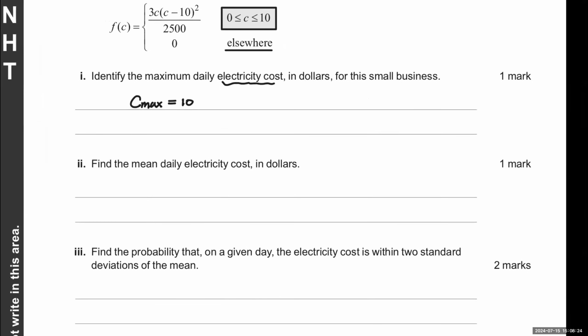I'm not going to look at other C values. And find the mean daily electricity cost in dollars. So you could trust your CAS calculator. In fact, part 2 and part 3. Part 3 wants me to find the probability that on any given day, the electricity cost is within 2 standard deviations of the mean. Okay, so I probably need to define the function here.